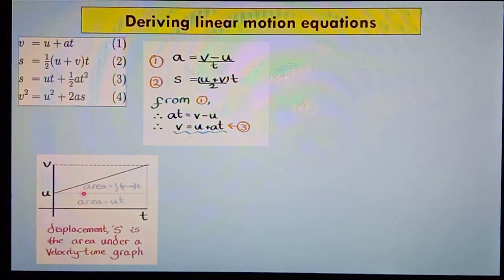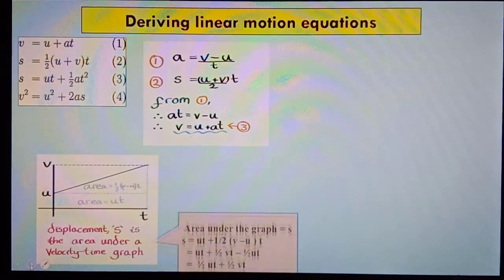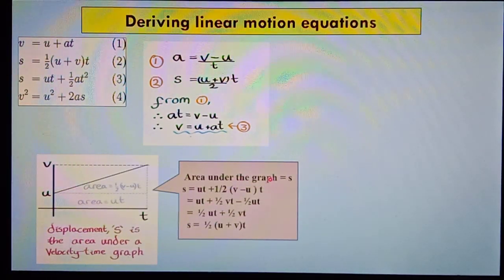If you cannot remember, just divide the section into 2 sections. You have a rectangle, so the area is u times t, and a triangle, whose area is half times (v minus u) times t. The total area under the graph equals displacement. Thus s equals ut plus half times (v minus u) times t.